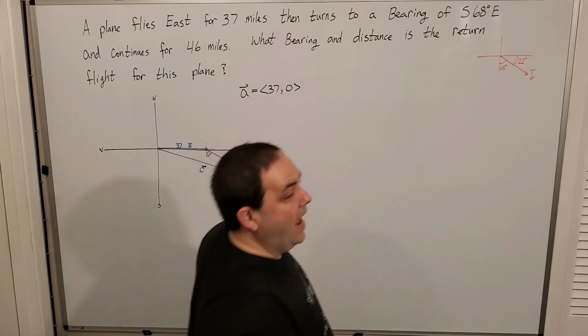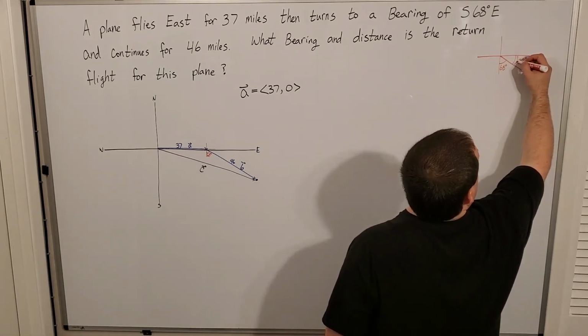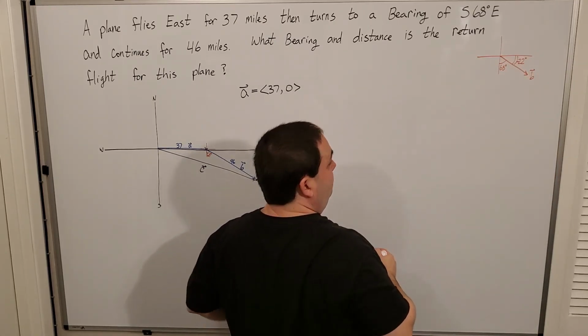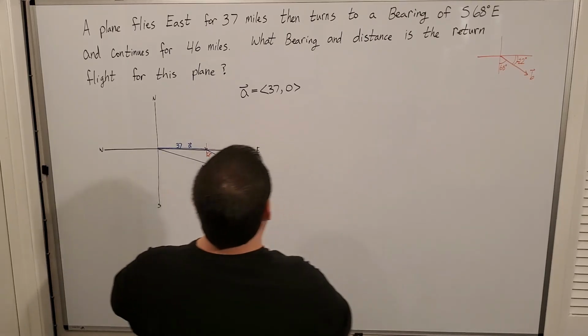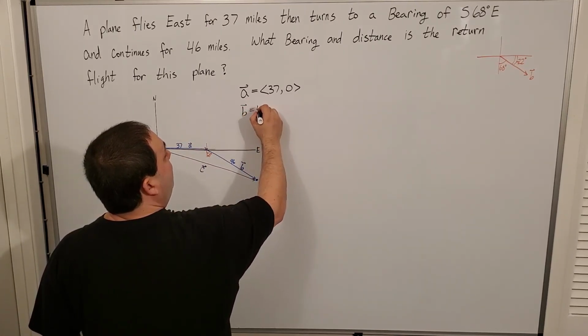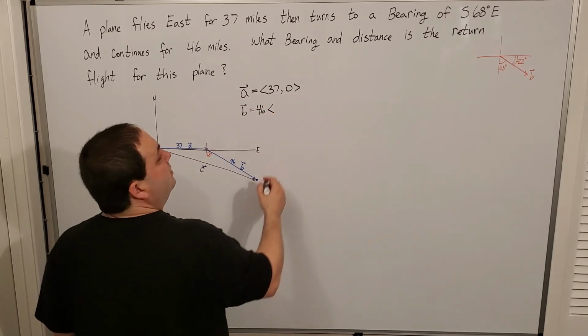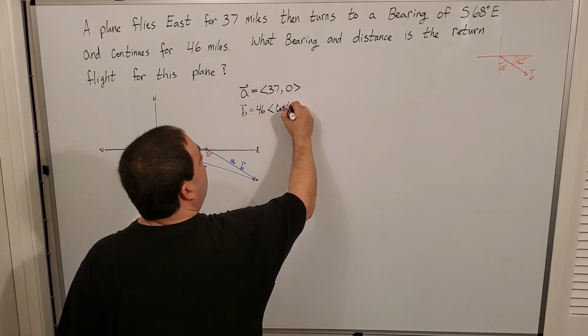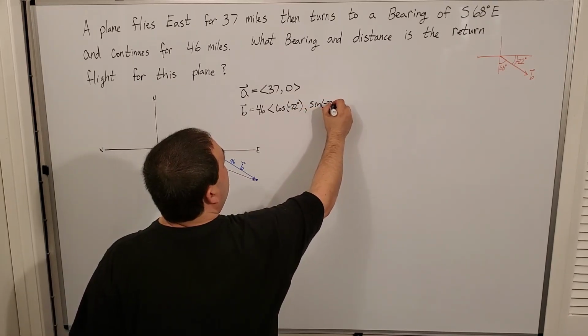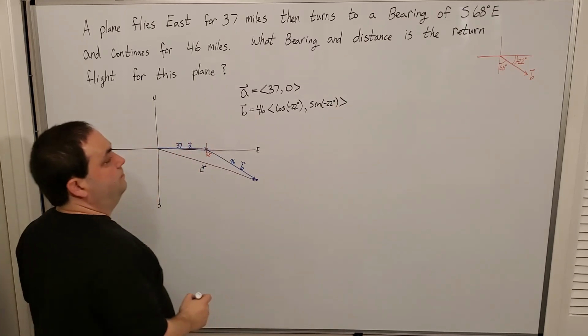And actually, it would be a negative 22 degrees, if you want to look at it that way, because it'd be rotated down. So vector B is going to be 46 times the cosine of negative 22 degrees, the sine of negative 22 degrees, like this.